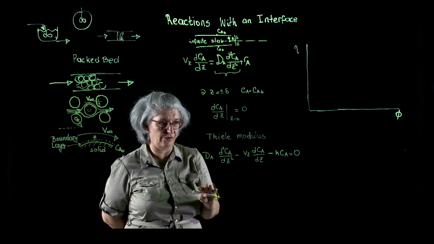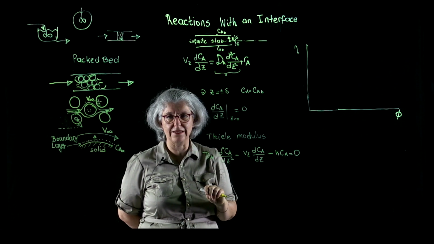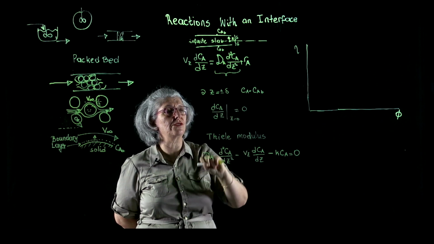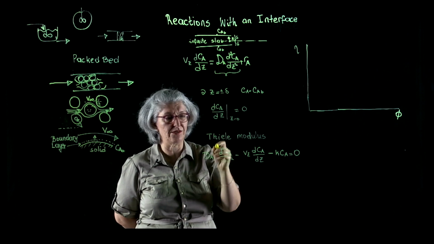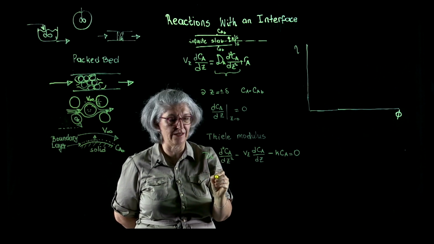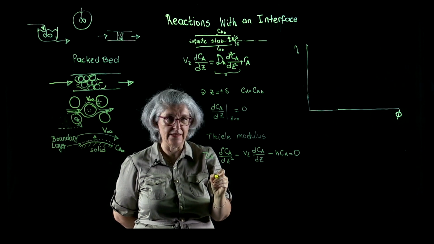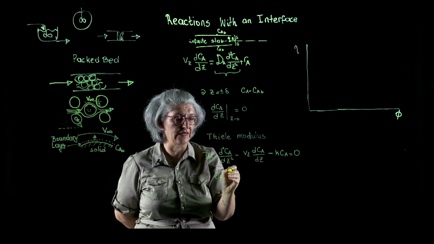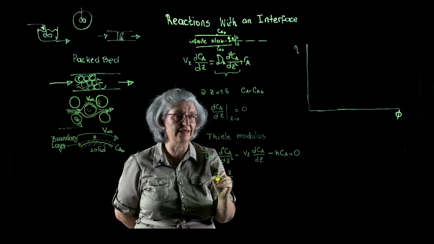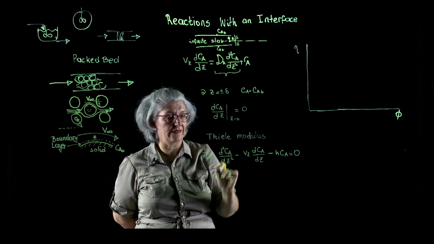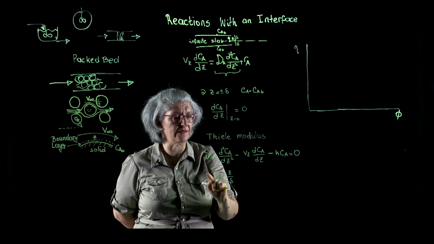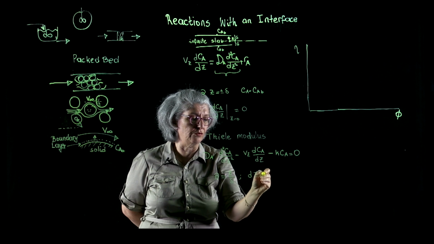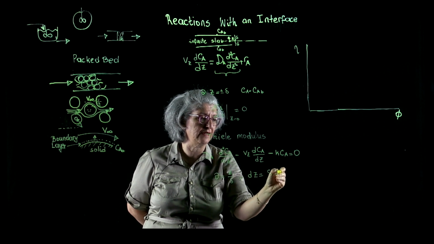Now we're going to make this equation dimensionless. First, let's make our z dimension dimensionless. Let us generate a new dimensionless coordinate called theta, which is equal to z over delta. Delta is the thickness, not the full thickness, the half thickness. So dz is going to be equal to delta times d theta.